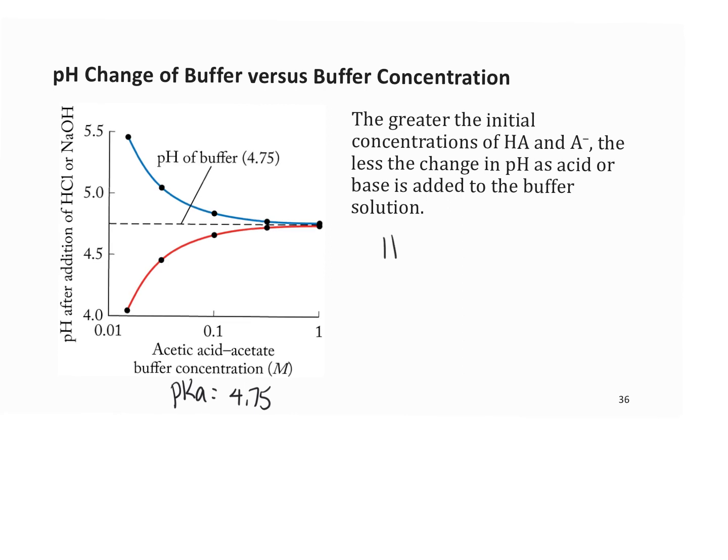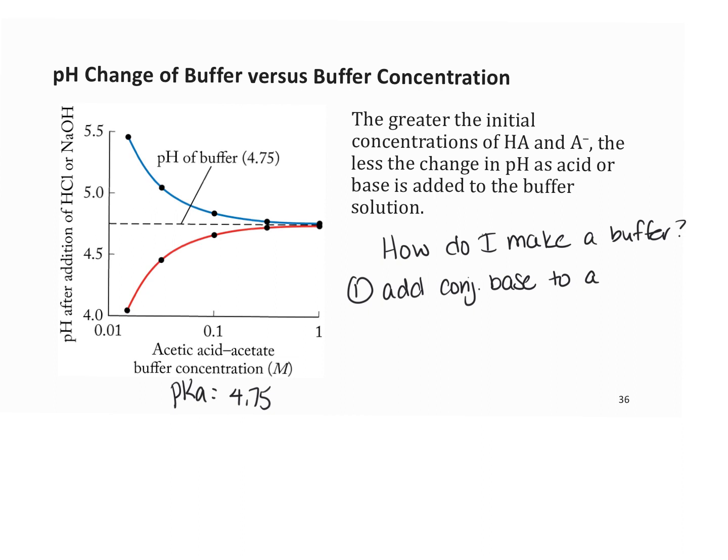Now, maybe the burning question in your heart is, how do I make a buffer? And there are 3 ways to make a buffer. The first way is you add a conjugate base to a weak acid for that conjugate acid-base pair.